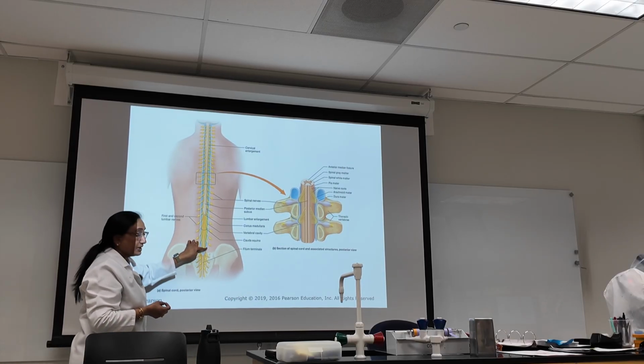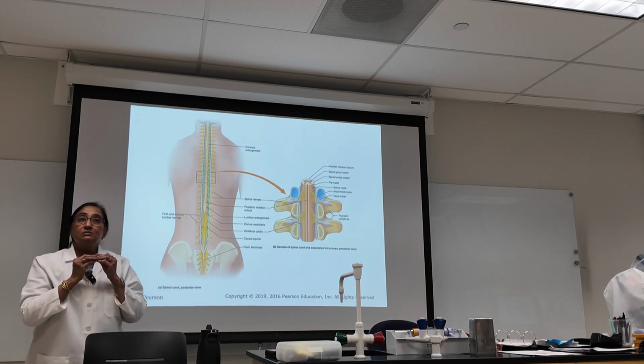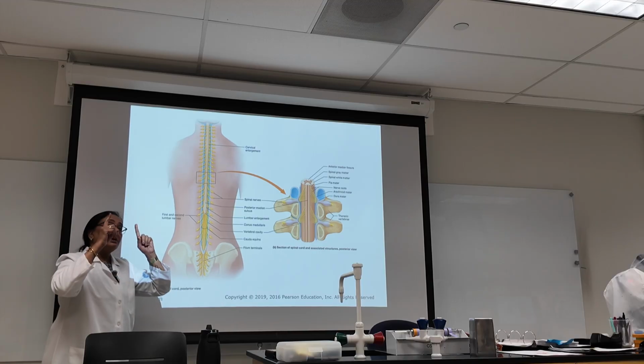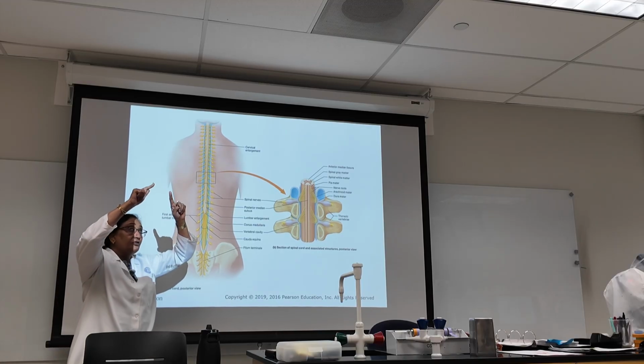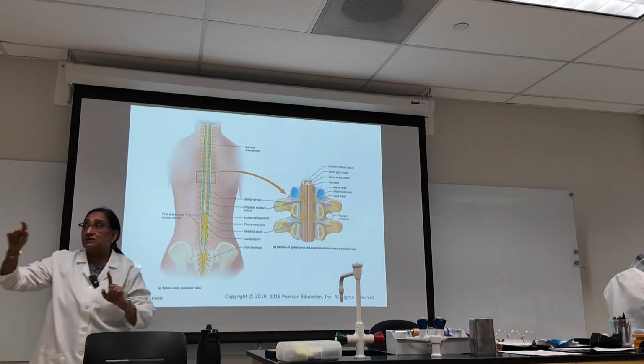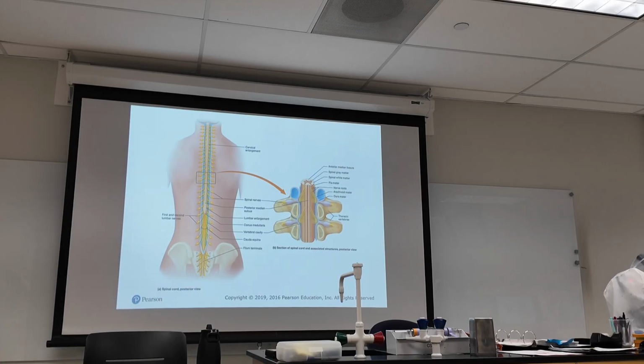Now, why do you see this bunch of nerves here? Because remember, from every segment of the spinal cord, a pair of nerves comes out. See this? From every segment, a pair of nerves is coming out. So this yellow thing that you see is coming out from every segment of the spinal cord.